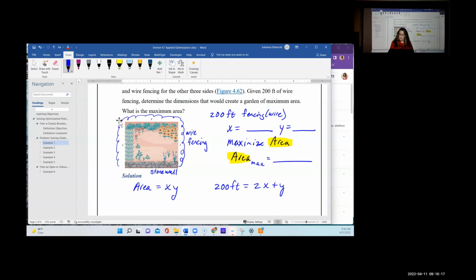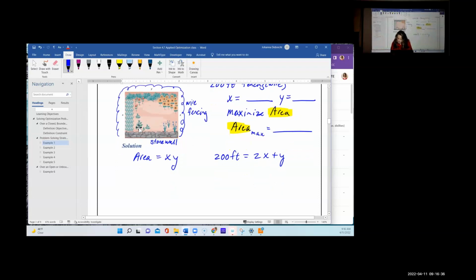Which variable is the easiest one to solve for? Y. Y is the easiest one to solve for, so that's going to be the one that we're going to go for first. So we're going to take our constraint equation, which is 200 feet equal to 2X plus Y. This is the constraint.